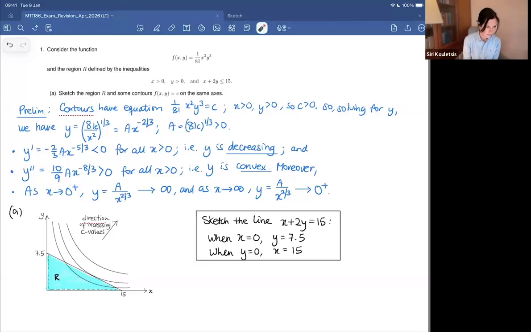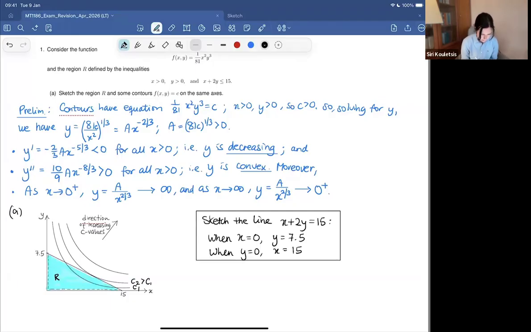And then I've sketched the contours here. And very important, as you can see here, is the direction of increasing C values. So this contour, if I call the bottom one here C1, well, C2 has a greater C value than C1.